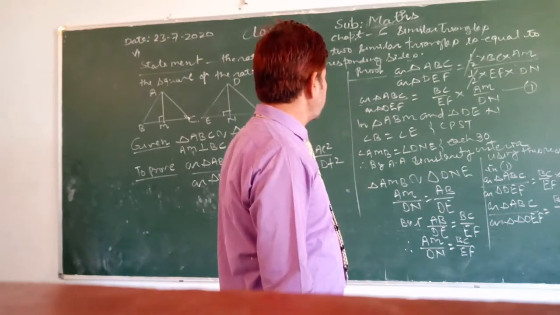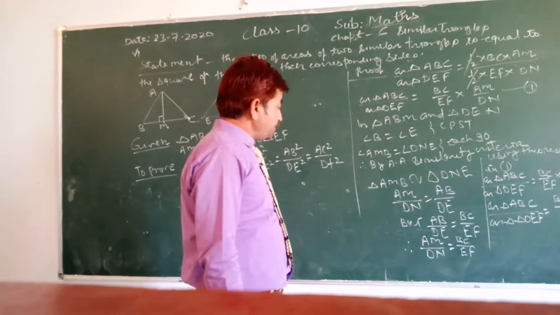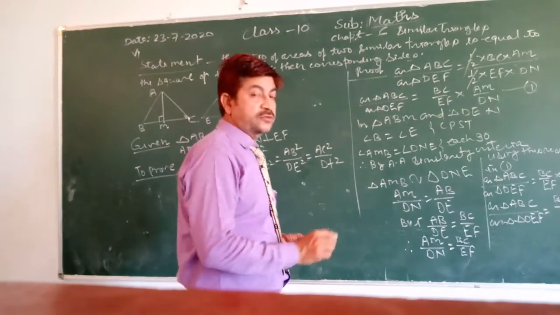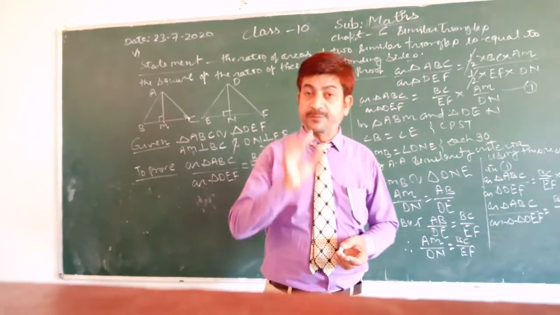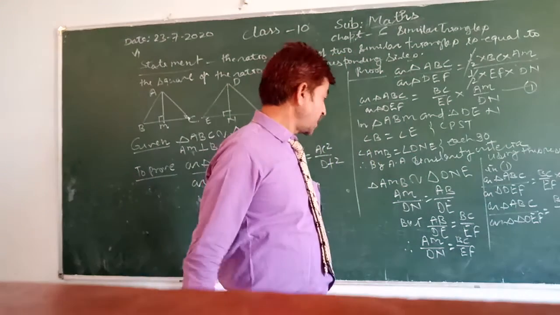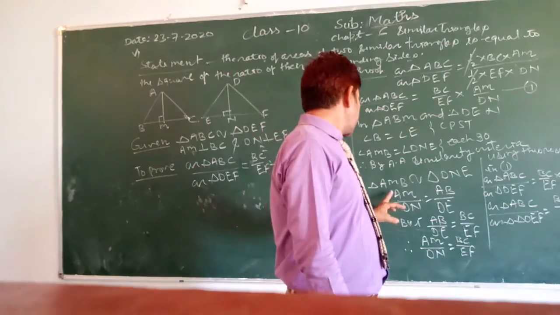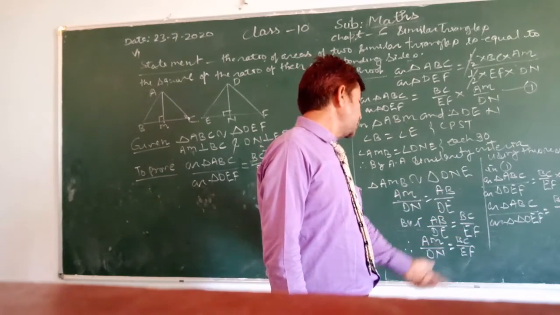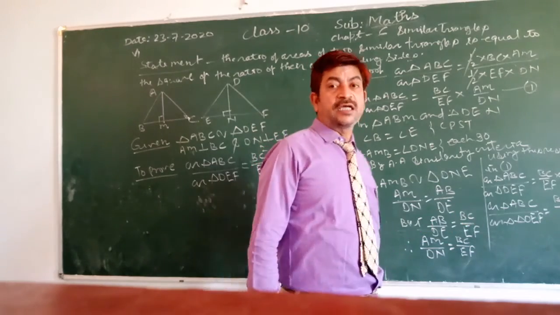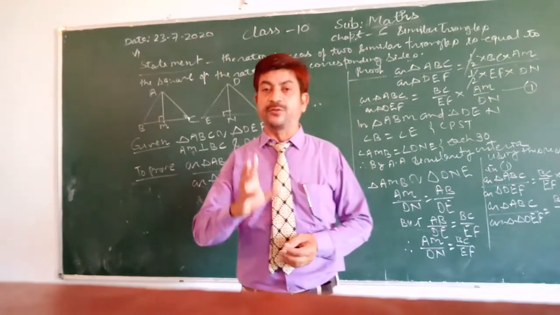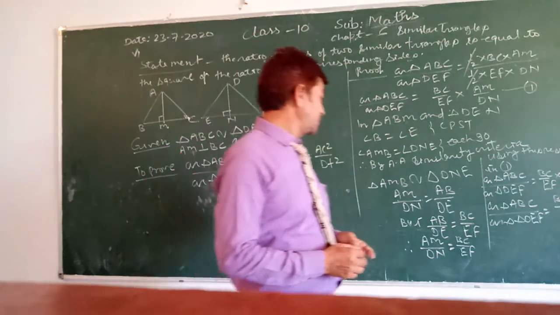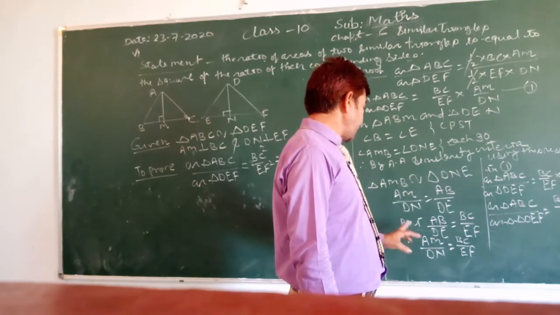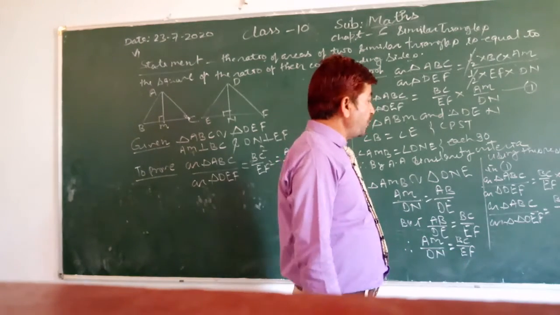As we know, corresponding sides of two similar triangles are proportional. Therefore, AM upon DN is equal to AB upon DE. But AB upon DE is equal to BC upon EF by CPST. So AM upon DN is equal to BC upon EF.